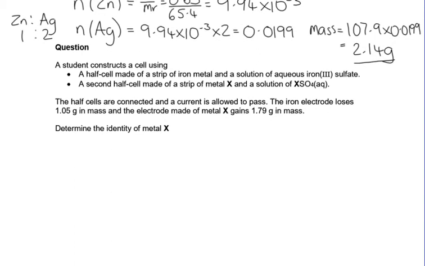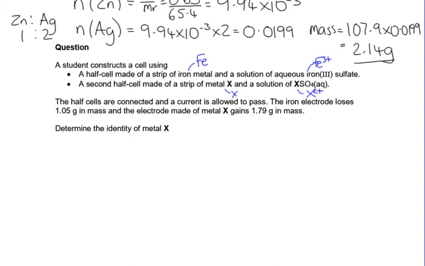So there's another one of these mass questions here for you to have a go at. It's a little bit trickier. Why don't you pause the video, try to think through the problem yourself, and then have a look back. So the first thing you need to realise is that in one half cell you've got iron metal and iron 3+ ions.